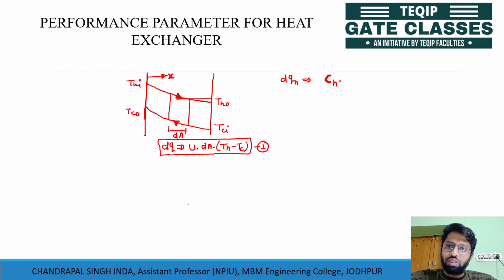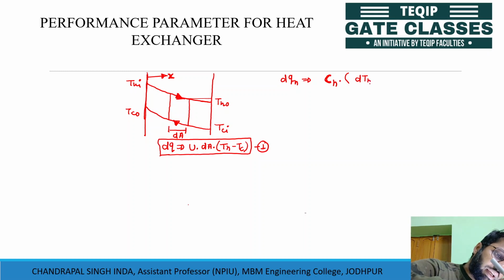So it will be equal to the Ch multiplied by delta Th. So in the direction of analysis, we can see that the temperature of the hot fluid is decreasing from point 1 to 2. So this delta T is an exact differentiation, means T2 minus T1. So the T2 minus T1 will be negative here. So we can write here that it is a negative term. So this is equation number 2.